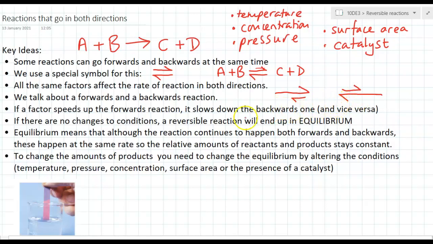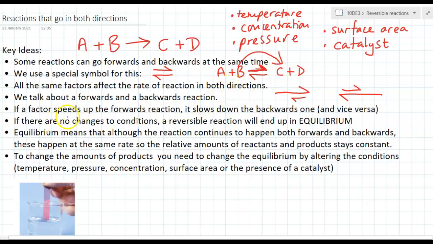Okay, so if making this chemical reaction here, A and B, if we made it hotter and that favoured the forwards reaction, it would be having the opposite effect on the backwards reaction. If making it hotter makes it go this way, making it hotter slows it down in this way. If making the pressure higher pushes it forwards, then making the pressure higher slows down this reaction backwards.